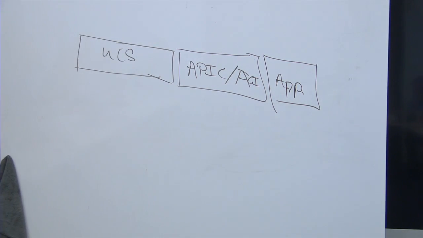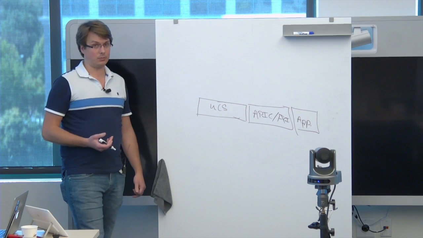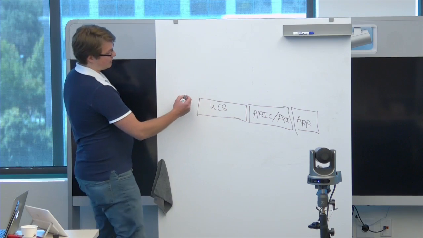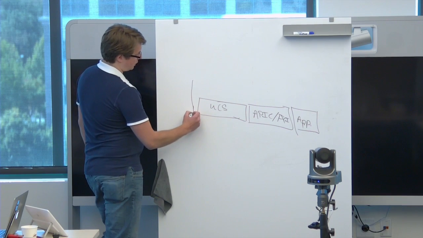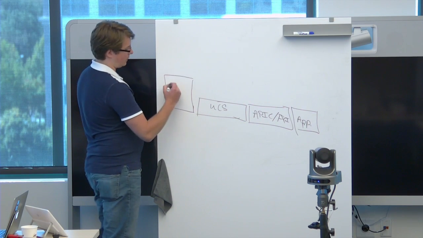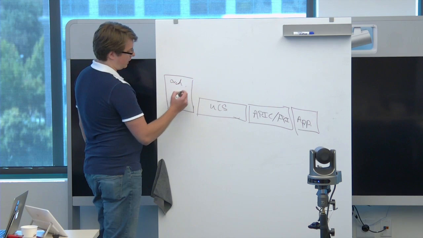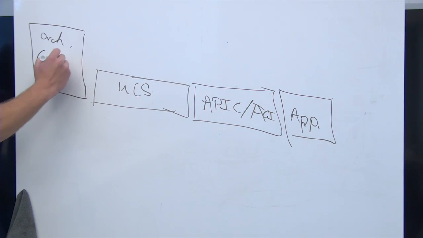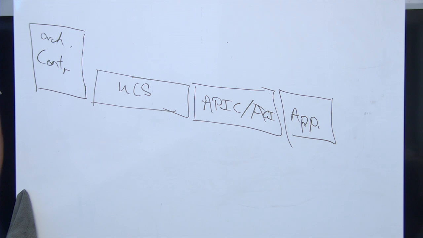However, that is some of the Cisco hardware building blocks, but it's by no means the complete foundation. We also have the component of orchestration and controllers. Orchestration and controllers are really the driving or abstraction layer on top of the underlying hardware and infrastructure. We want to abstract how we consume UCS.